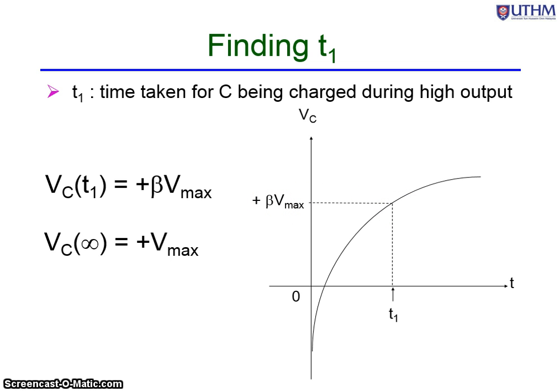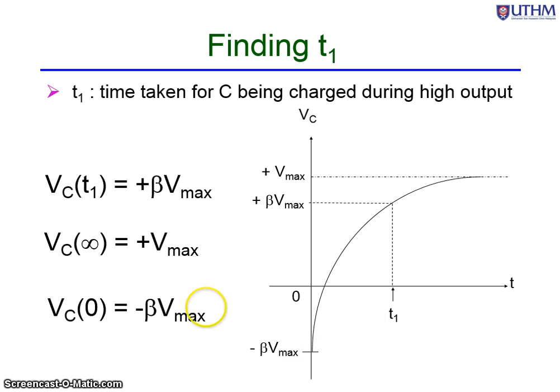But if we let the capacitor charge over time, meaning when it reaches steady state, the value must equal Vmax, the maximum voltage of the output. The initial voltage is the lower threshold, minus beta Vmax. So this is the time for the capacitor being charged up to T1. It goes from minus beta Vmax to positive beta Vmax.